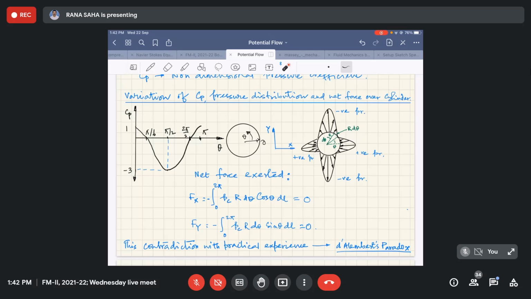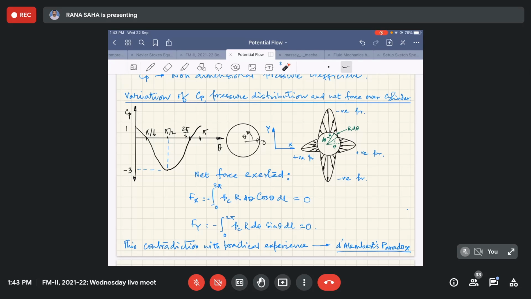But in actual situation, this actually means that whenever a cylinder is placed with its axis perpendicular to the free stream flow, which is uniform, then due to that, there won't be any kind of resultant thrust acting on the body. I mean, this is typically against the real situation.